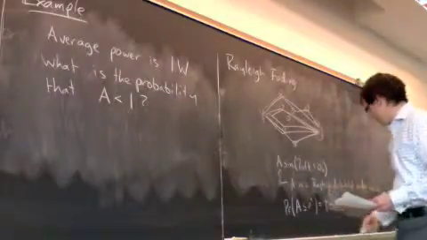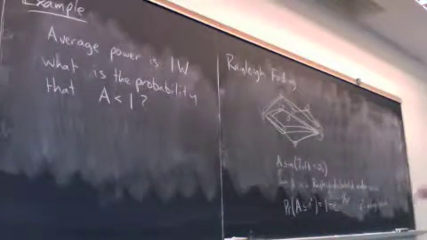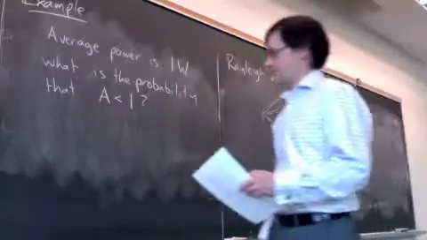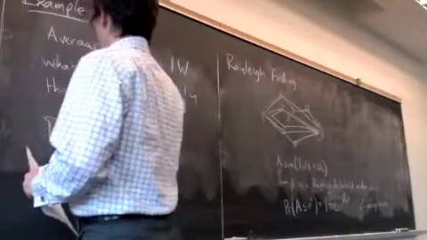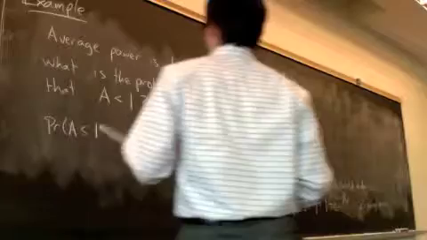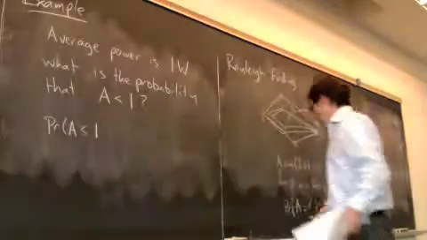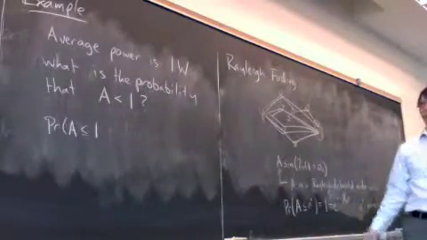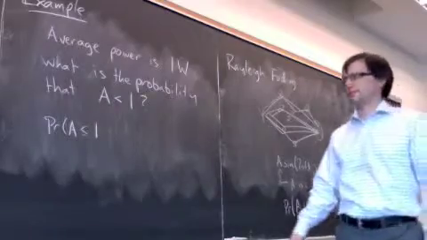Okay, well, all we have to do is take a look at our handy formula here and plug everything in. So probability that the amplitude is less than or equal to 1. So here I write less than 1, here I write less than or equal. There's not really a difference in this context.